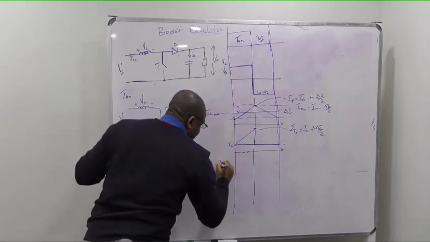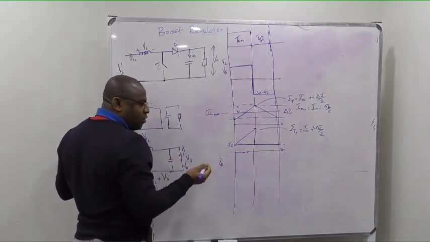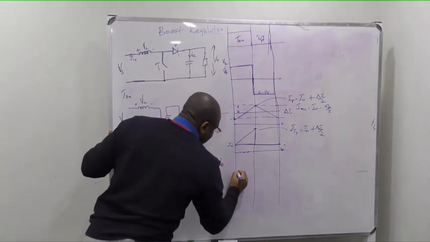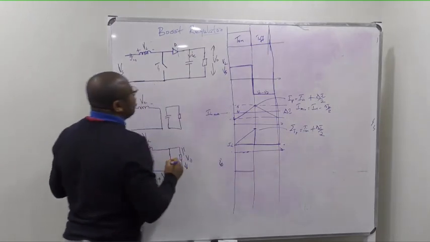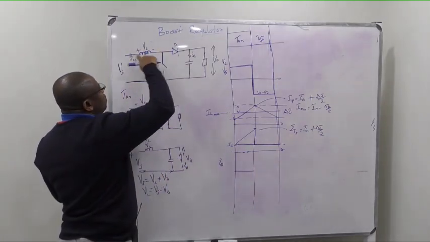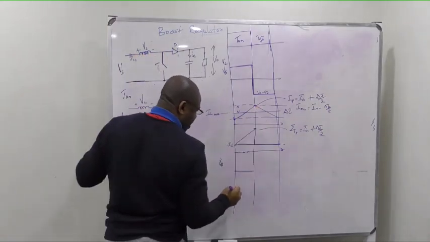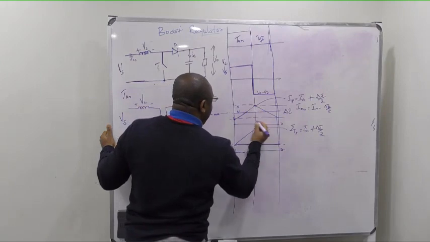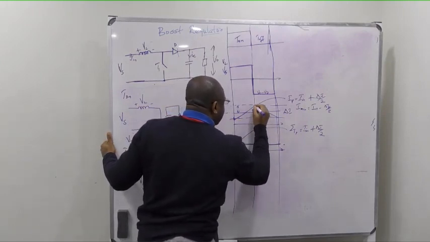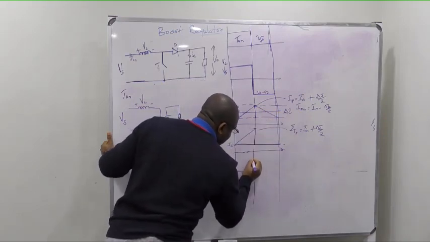So at time of on, nothing flows through the diode, so I'm going to get nothing. But at time of off, the current that is flowing through the inductor flows through there, and you see how it looks from I in, like that. So that means you have this.